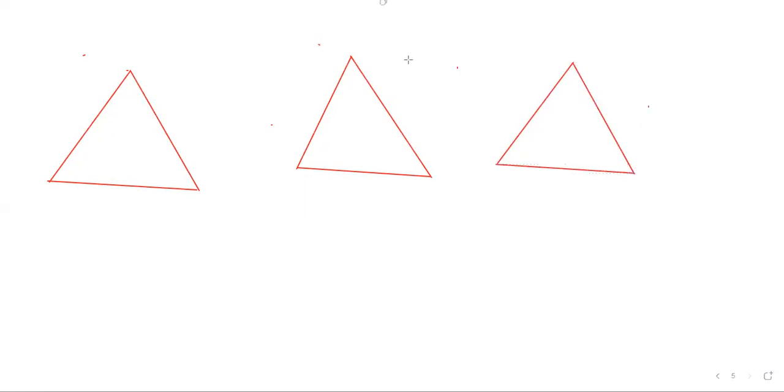Okay, let's consider this. This is triangle ABC. If you drop a perpendicular, let this point be D and the height be H1.